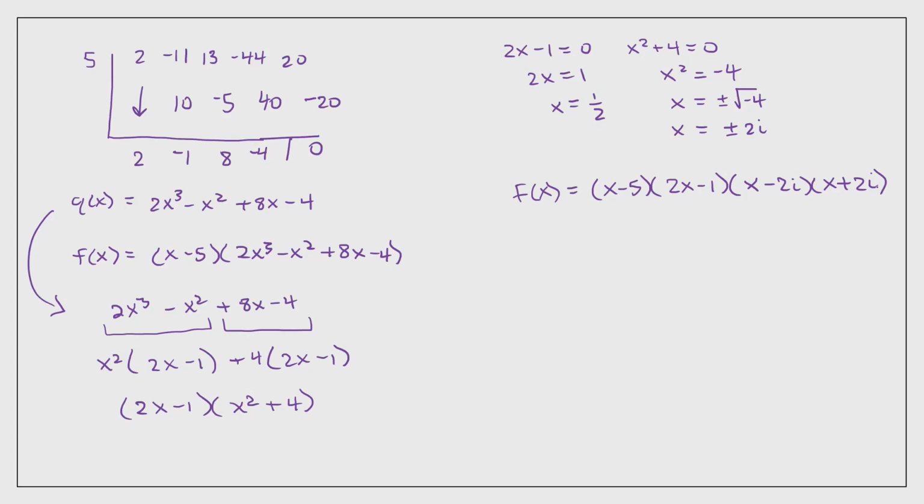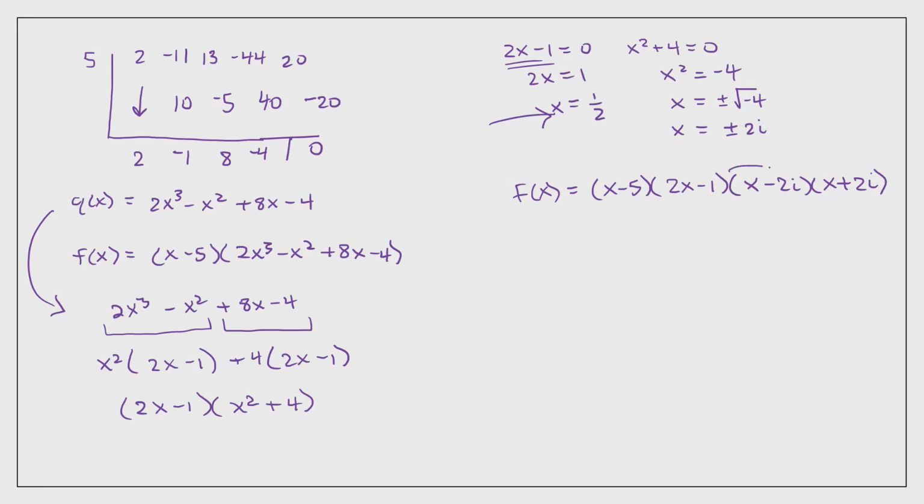Okay? And this 2x minus 1 is the linear factor that got me the zero, x equals 1/2. So it just went up here to its linear factor.